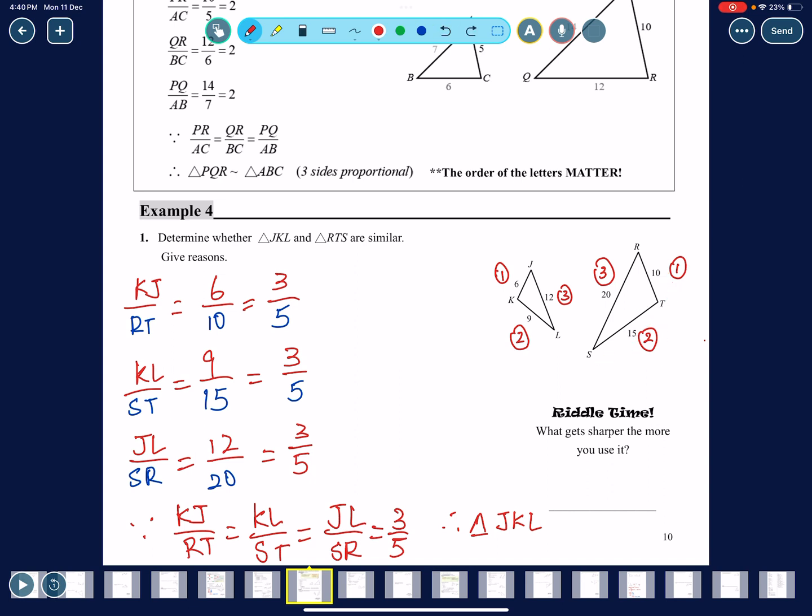So the order of the letters has to be R, T, S, okay? Because I went J, K, L, passing by 1 and 2, I have to pass by 1 and 2. This is very important. A lot of people will mix it up. 3 sides proportional.